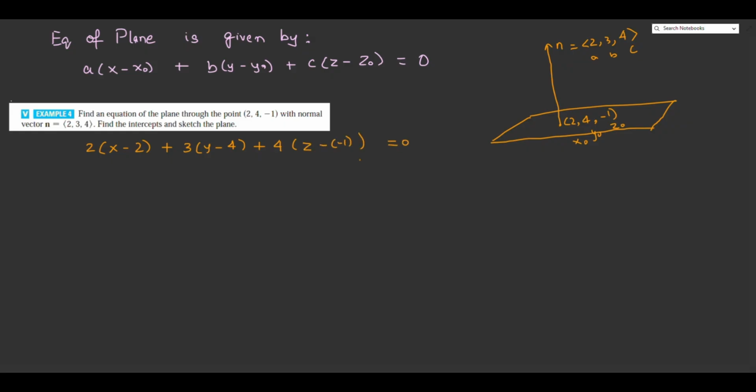The next thing, you need to simplify everything. 2x minus 4 plus 3y minus 12 plus 4z plus 4 equals 0. You can rewrite this as 2x plus 3y plus 4z, and if you simplify everything, this minus 4 cancels with the plus 4, you can bring minus 12 to the right hand side, and it is equal to 12. So this is our required equation of the plane.